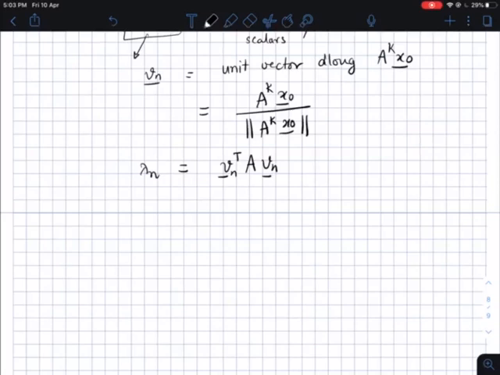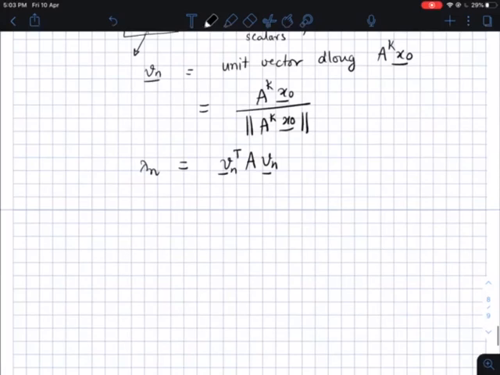Now, to analyze any algorithm, you need to look at the complexity of the operations involved. How many computations are you actually doing? It might seem that for this algorithm to work, I have to compute a to the power of k and multiply it with x naught, and that seems like a lot of work, because taking a matrix power is probably very expensive. We can find out the computational complexity involved.